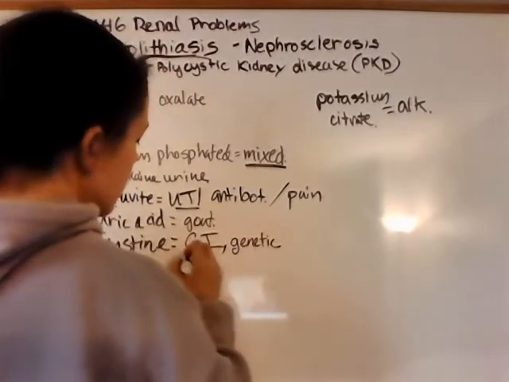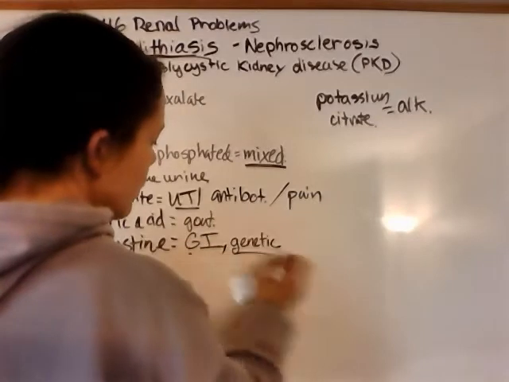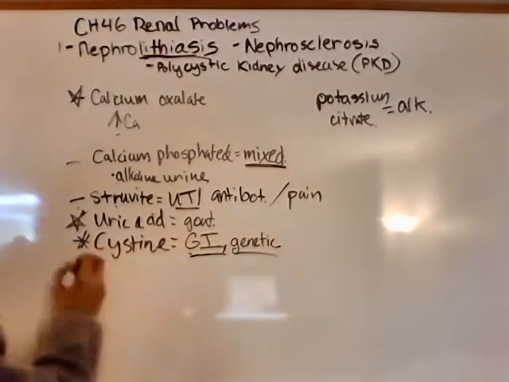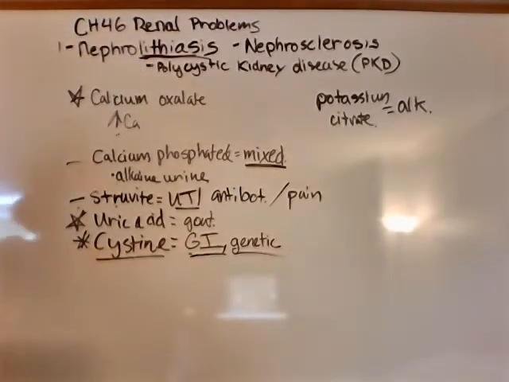But you're going to use something to try and prevent cysteine formation or crystallization, and you're going to use prophylactics here. So those are the ones that you're going to use there.